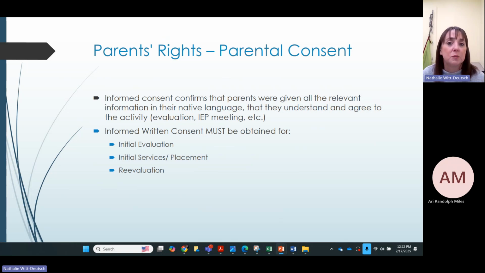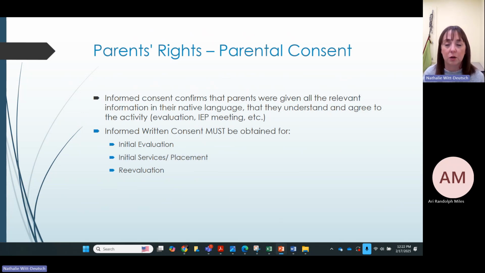Informed consent confirms that the parents were given all the relevant information in their native language and that they understand and agree to the activities such as holding the evaluations, holding the IEP meetings, holding a revision to the IEP, or doing a reevaluation. It must be obtained prior to any initial evaluations being presented to the child for initial services and placement to start.